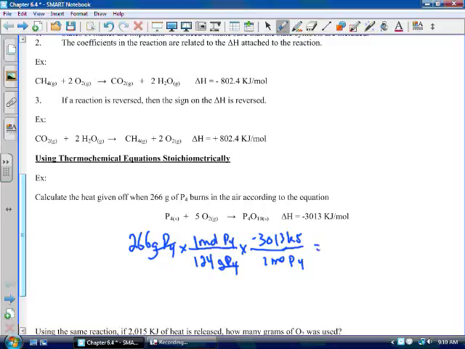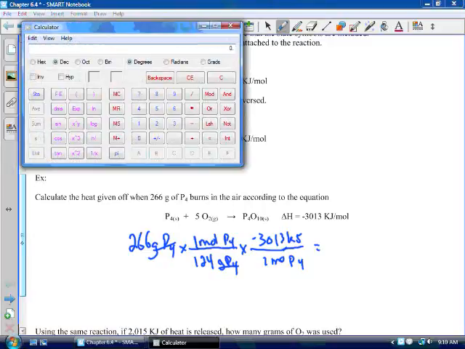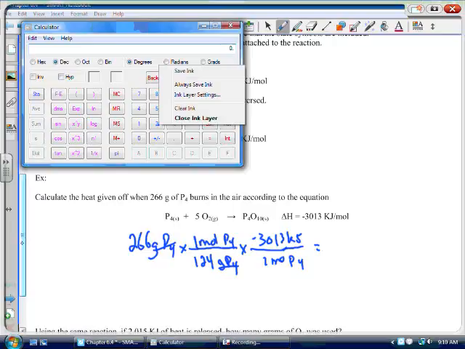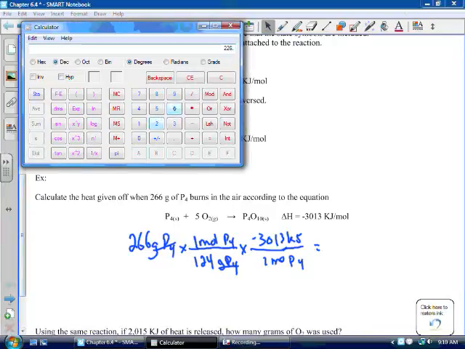From there, we simply use our calculator. We take 266 divided by 124 times 3,013 negative, equals.